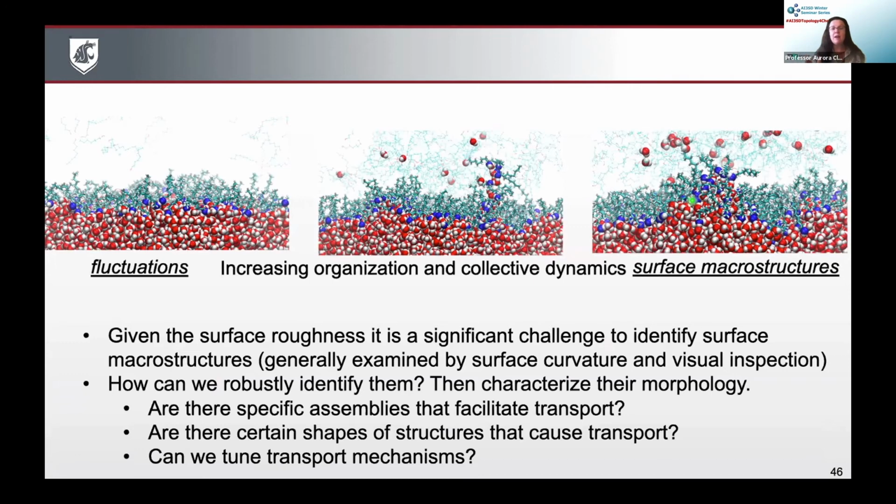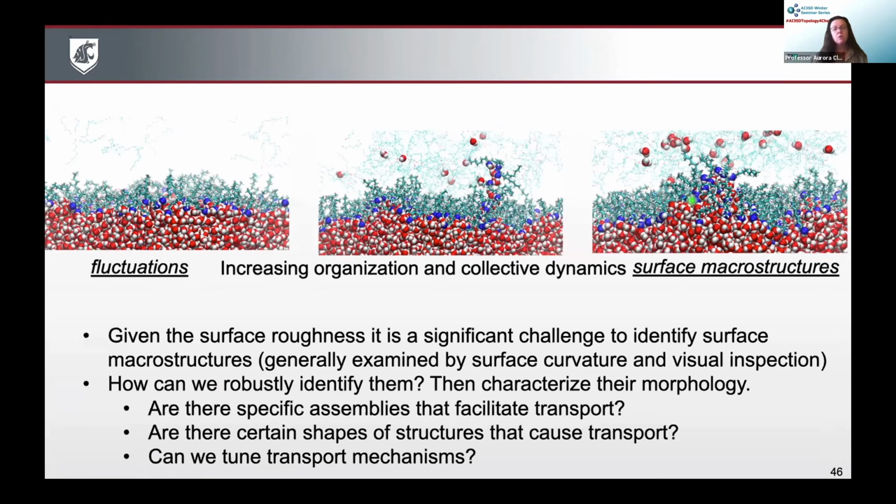Given that you have a rough surface and structures on top of it, it is incredibly challenging to identify these macrostructures. Typically, this is done only by visual inspection, and sometimes people try to impose surface curvature rules, but this is kludgy and not really amenable to analyzing very large data sets.